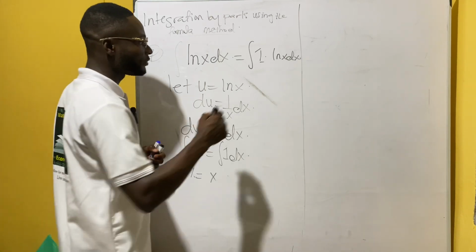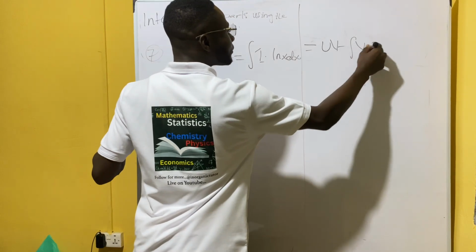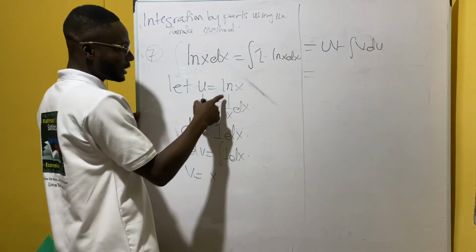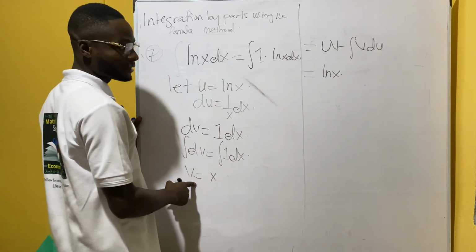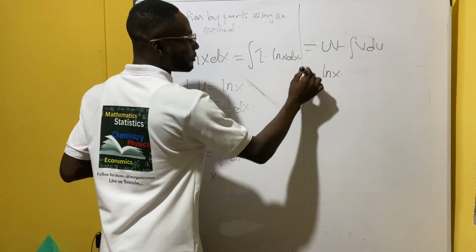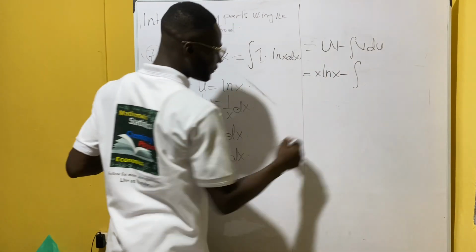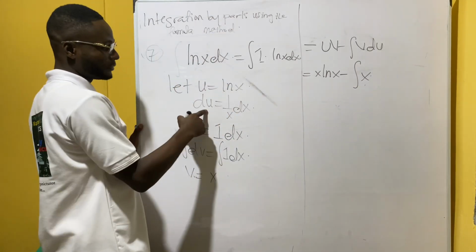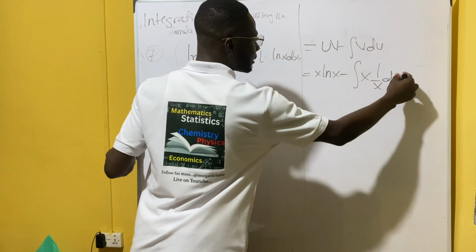When we use the formula, uv minus integral of v du, where our u is ln x and our v is x, we have x ln x minus integral of v, which is x, and du is 1 on x dx.